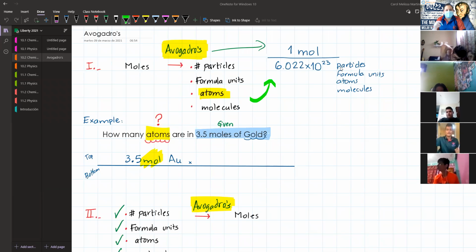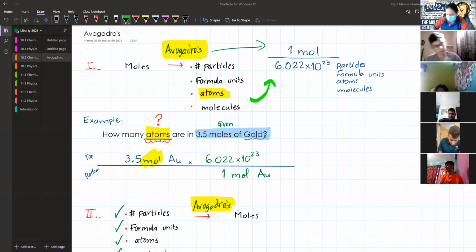You need to put the Avogadro's conversion in a way that you can cancel the moles. So the mole that is in the top is going to be written in the bottom. In one mole of, in this case, the element gold, you're going to find 6.022 times 10 to the 23rd power. The problem is asking me about atoms, so I'm going to use the same word, atoms. Of what element? You always need to specify the element. So this is going to be atoms of gold.